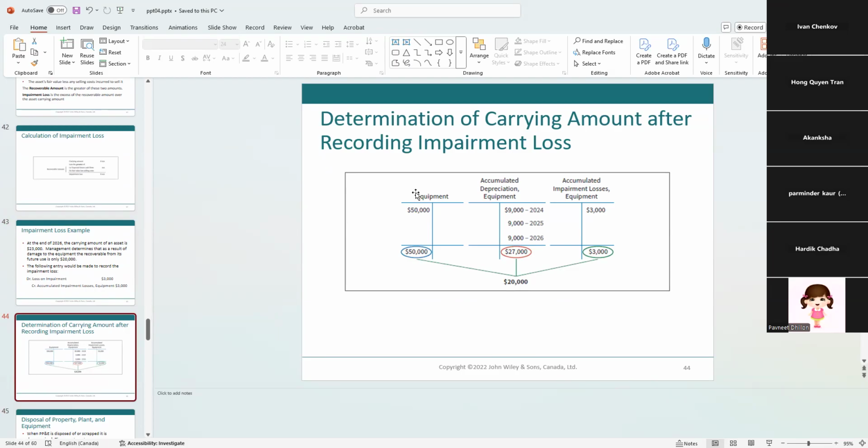The carrying amount will be 50,000 original cost, less 27,000 accumulated depreciation, less 3,000 impairment loss. The carrying amount will be only $20,000. If it was only accumulated depreciation, it would be 23. But that loss that we just recorded reduced the carrying amount to $20,000.